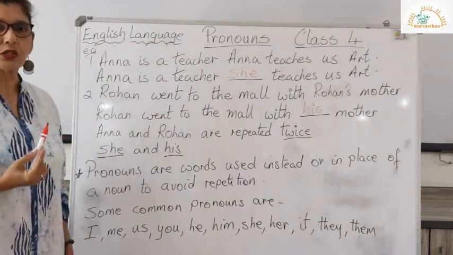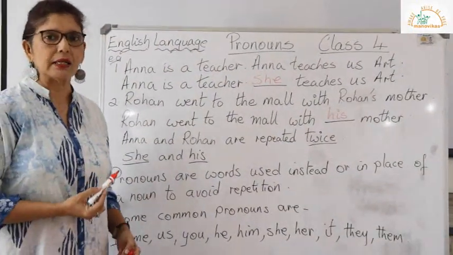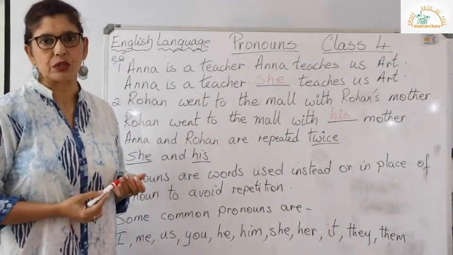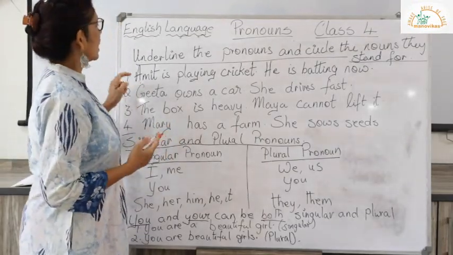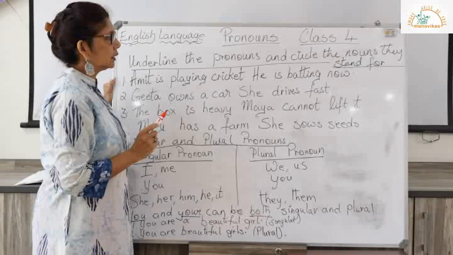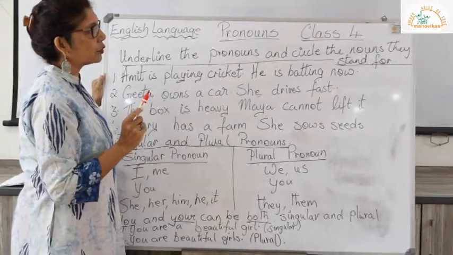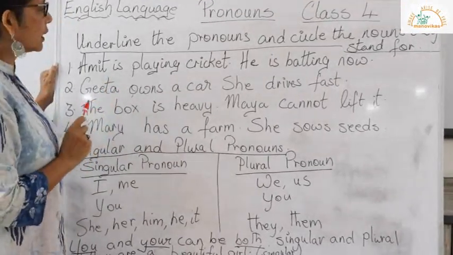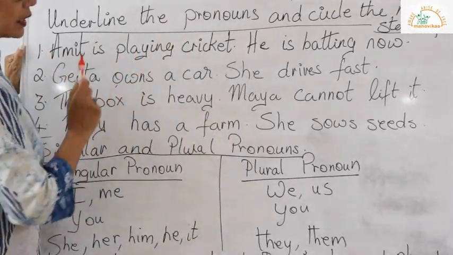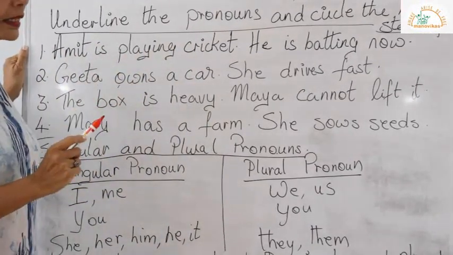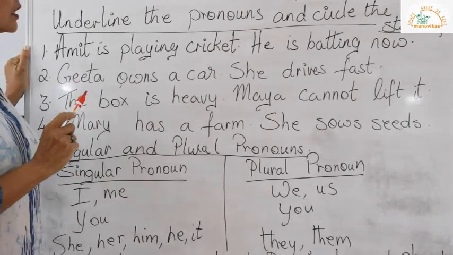Now let's move on to a small exercise so that you understand better how to use a pronoun. Let's do this exercise now, students. Underline the pronouns and circle the nouns they stand for. So let's read the first sentence. Amit is playing cricket. He is batting now. Which is the pronoun?